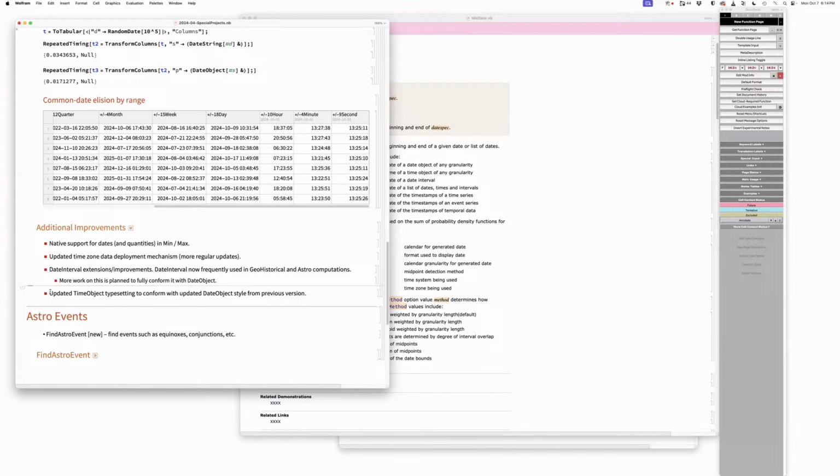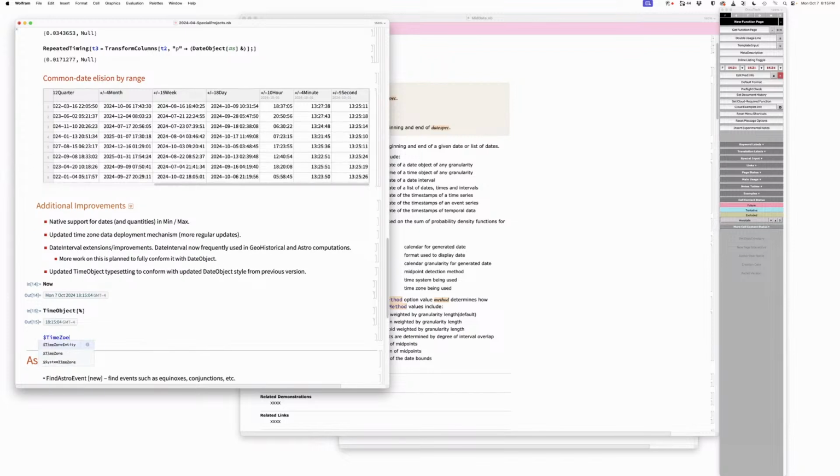Okay. Updated time object typesetting to conform. Yes, definitely. Can I see it? Yeah. So when you do time object now, they'll be consistent. Looks good to me. Why is it not saying ET or whatever it is? Because your default time zone is still probably -4.